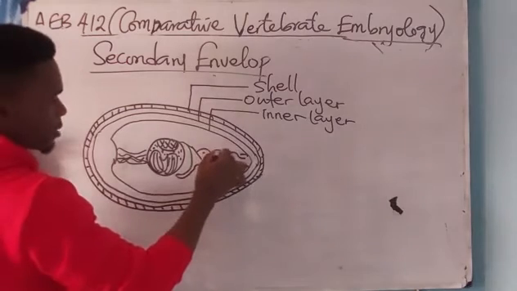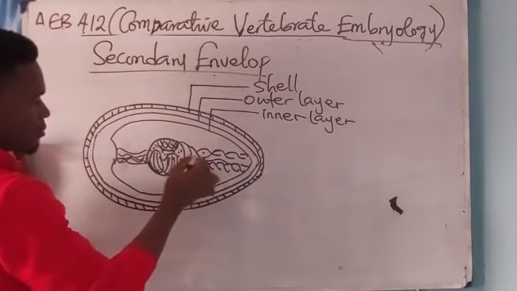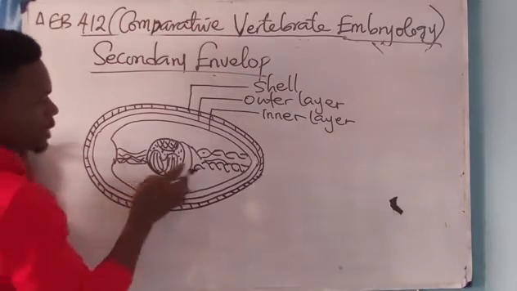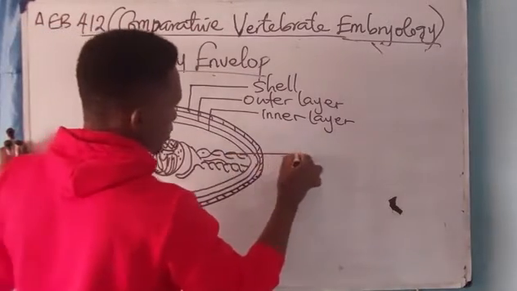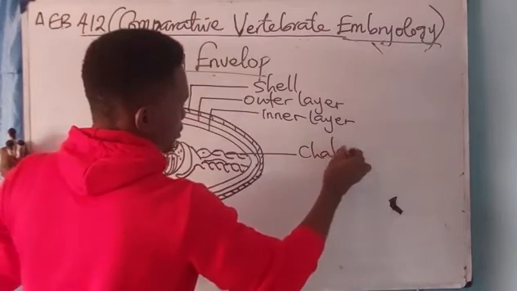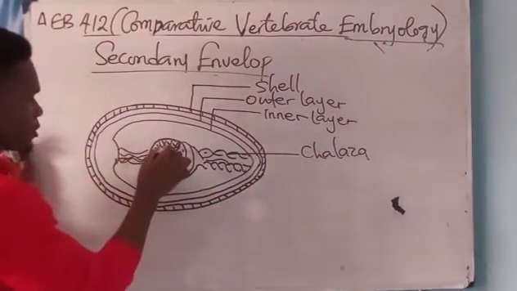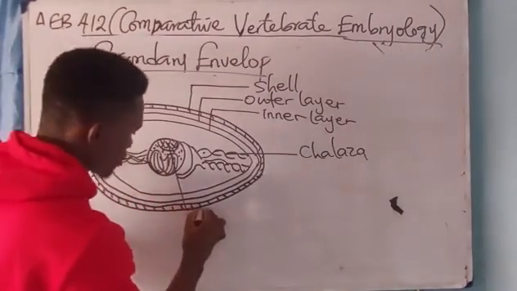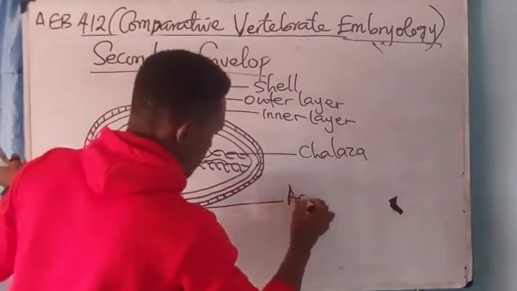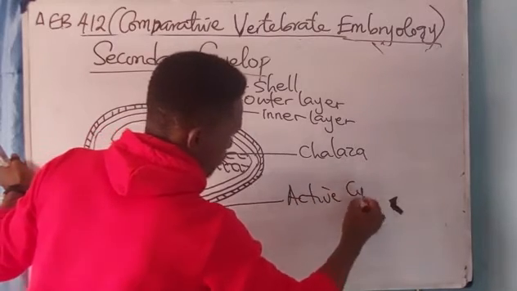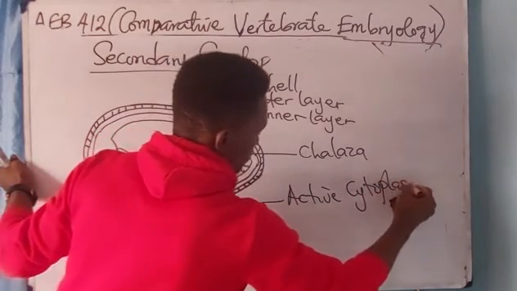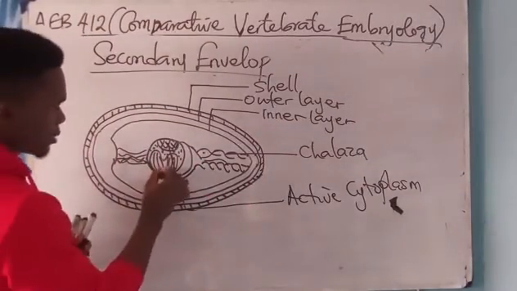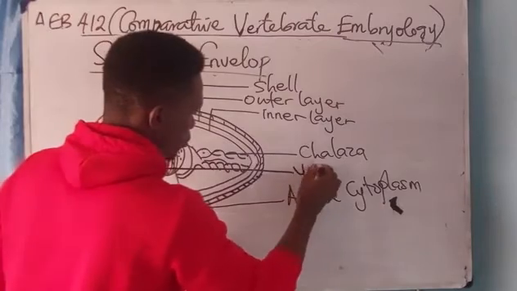Now, this very part that connects the yolk to the abdomen is called the chalaza. Chalaza. All right. So these parts, that's to be straight, it's called the active cytoplasm. Active cytoplasm. All right. While this other part here is actually the yolk.